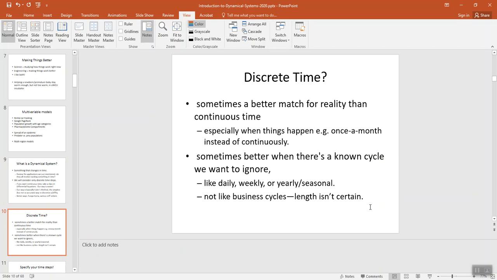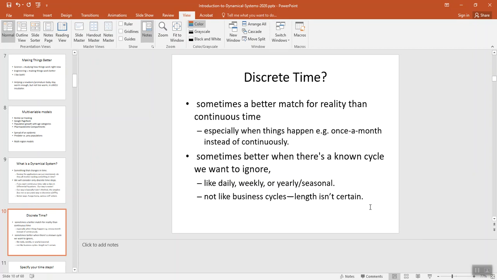Why do we not care about what happens in between time 1 and time 2? Well, first of all, let's start simple, right? If some things only happen once a month, like unemployment rates only get reported once every month, in some sense we might care about what happens in between, but we have absolutely no data about it, and so we just don't worry about it.